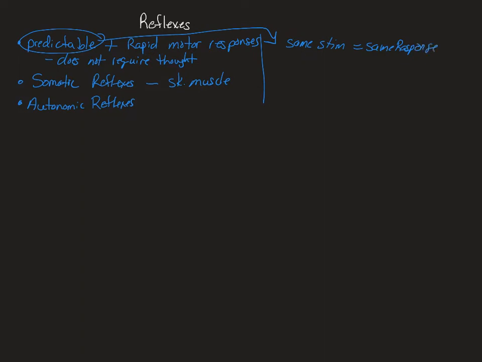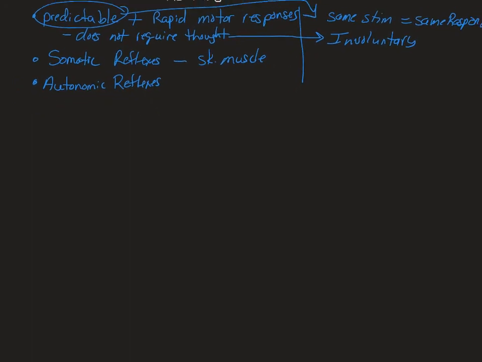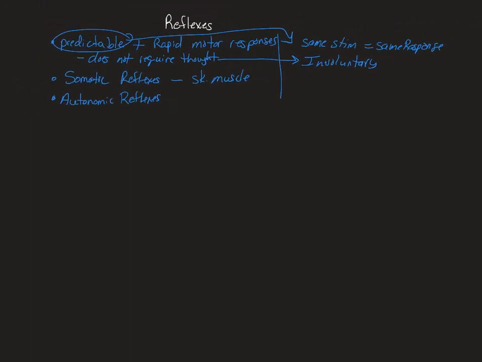And it's, again, not something that you have to think about, so it is involuntary. It doesn't mean you can't modify it, and we'll get into that eventually, but it can be involuntary, predictable, no conscious thought.